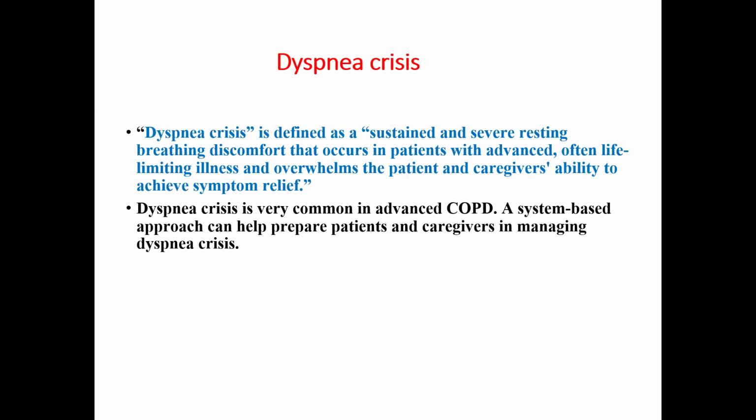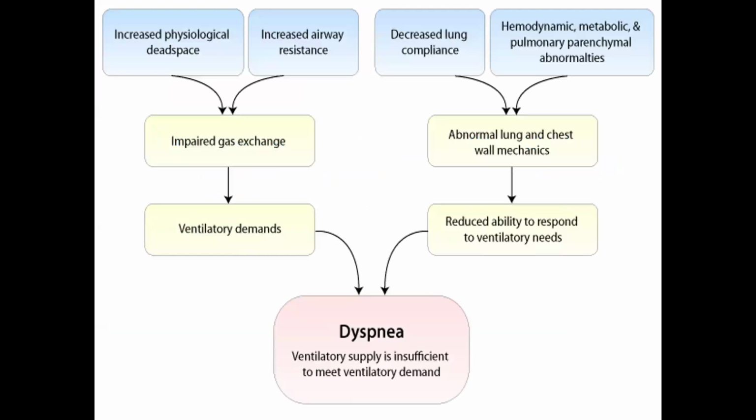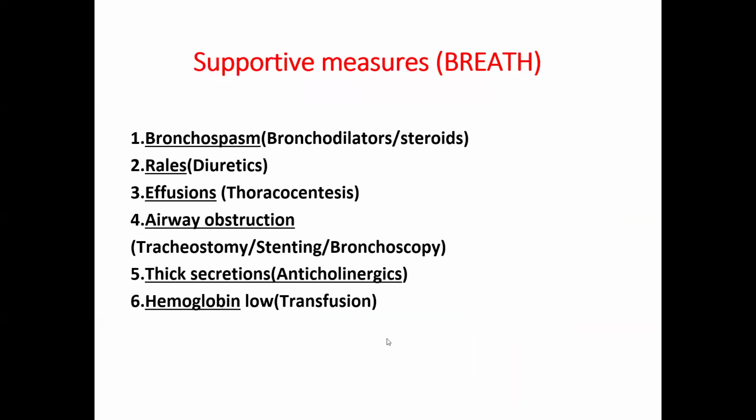So if you have a patient in your wards with a dyspnea crisis, please do not send him home until he becomes stable. And this is basically the pathophysiology of dyspnea: there is abnormal lung and chest mechanics with impaired gas exchange, and this usually leads to dyspnea.